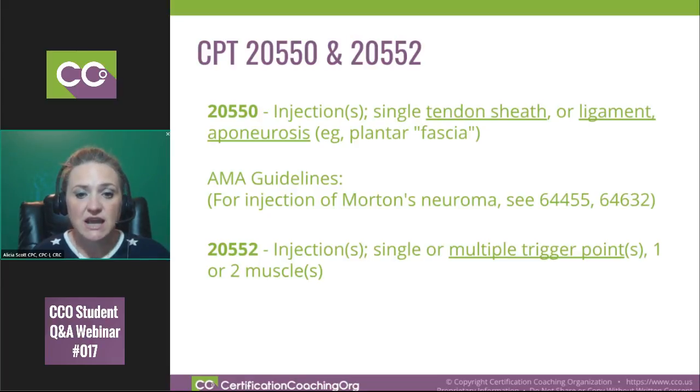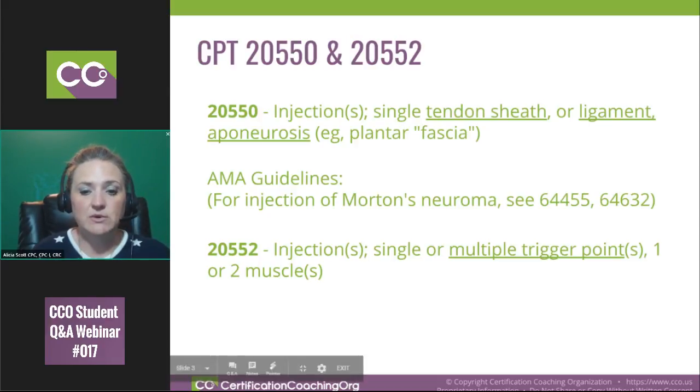So now we need to decide what's a tendon sheath, what are the ligaments and this aponeurosis, or what are trigger points. If you don't know what the differences are, then you're going to be lost, because ultimately they're in the same area when you're doing your bubble and highlighting of your manual.